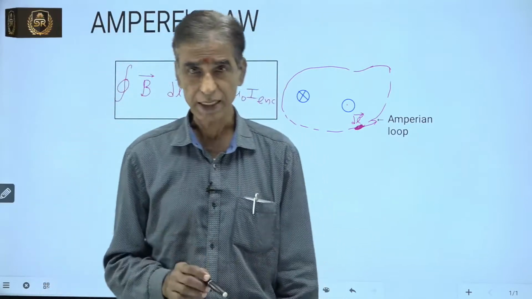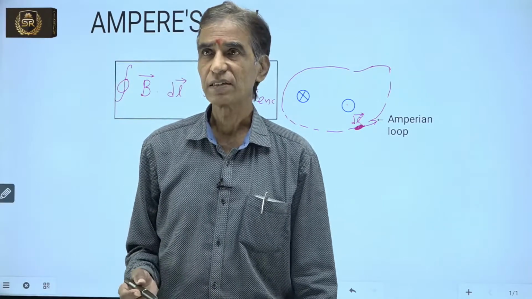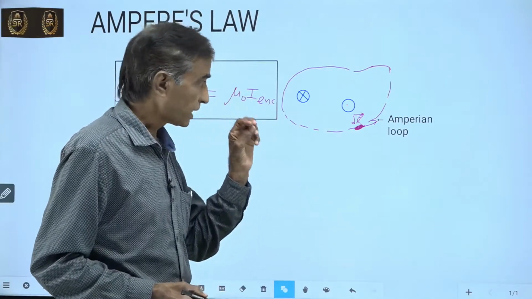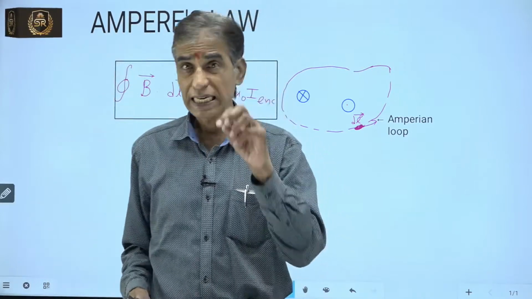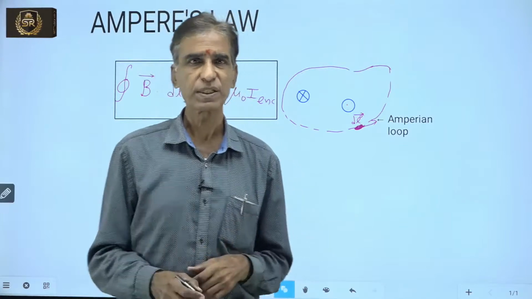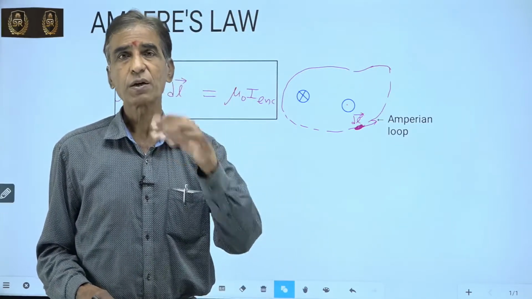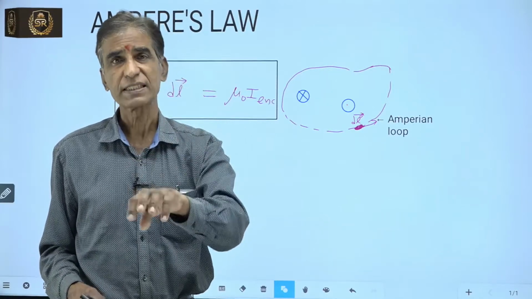Here, when we want to use Ampere's law, an important point is that the direction of the magnetic field is immaterial for us. When we perform the integration, we automatically get the result.